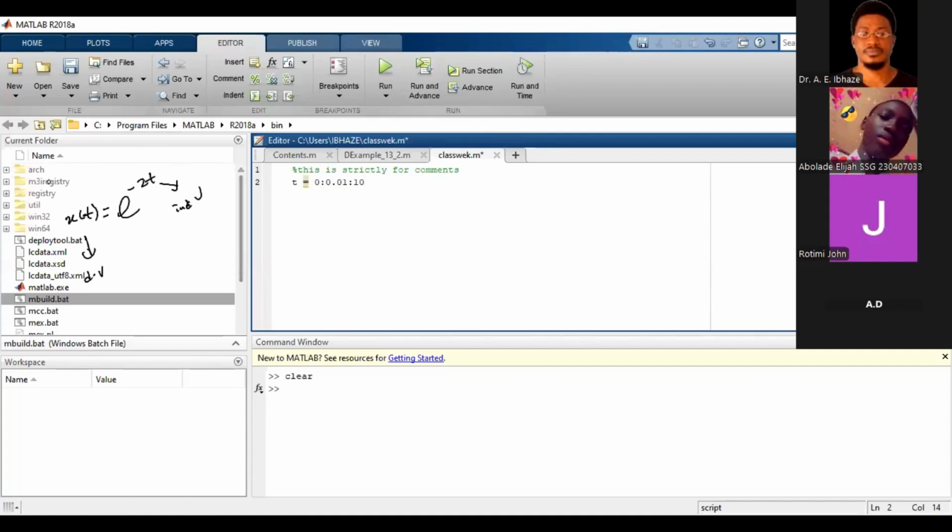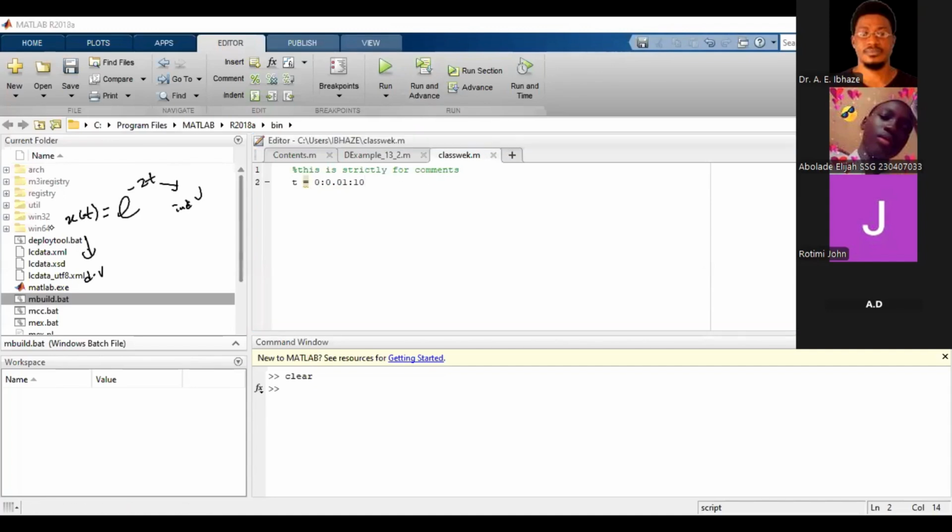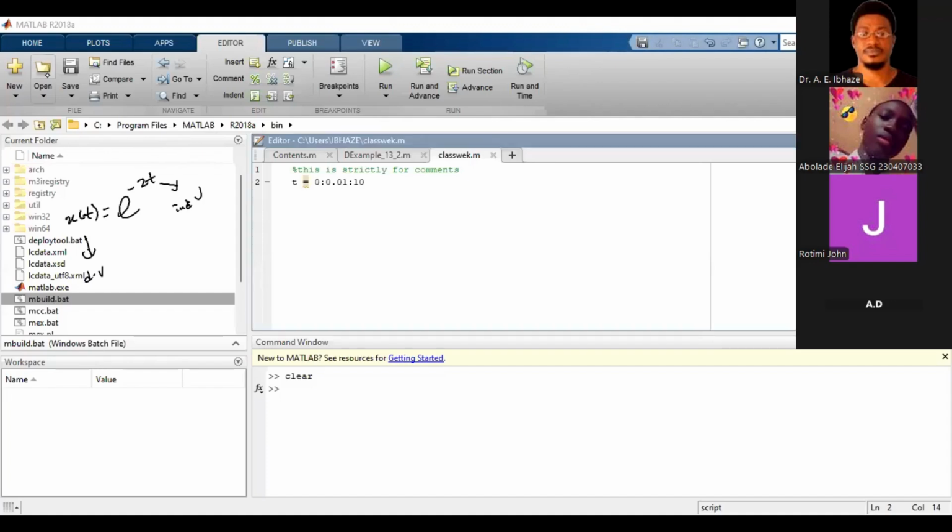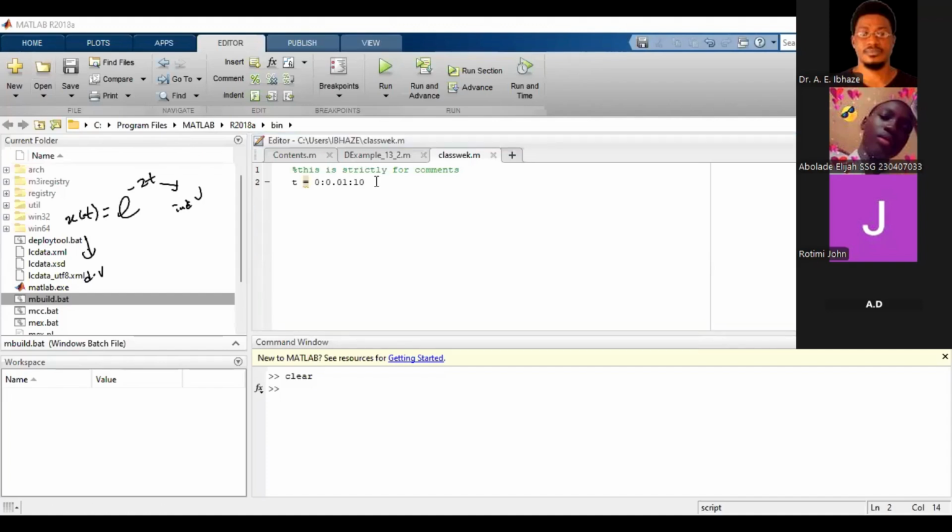Now what this is saying is, well, my time t, in this case, let me use comments, so we expedite action, because we have less than 10 minutes, so we don't exceed our time.